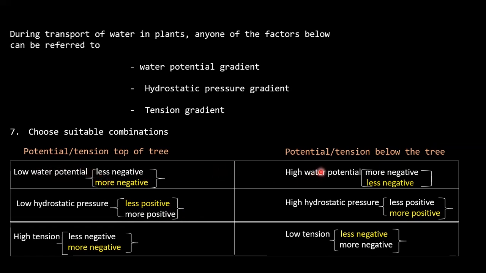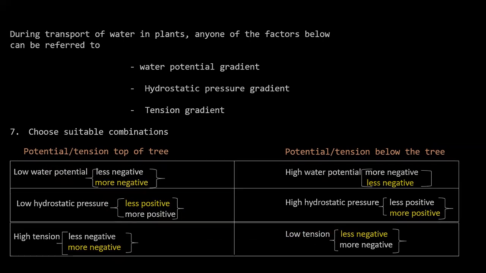High water potential means less negative. Low hydrostatic pressure at the top of the tree means less positive. High hydrostatic pressure below the tree means more positive. High tension at the top of the tree means more negative, and low tension below the tree means less negative.